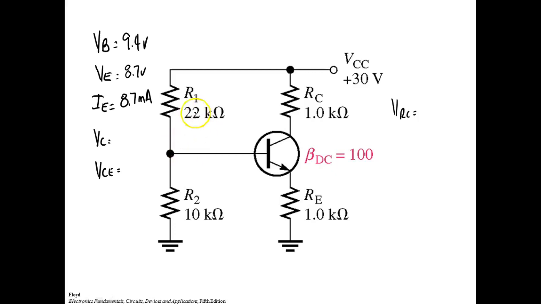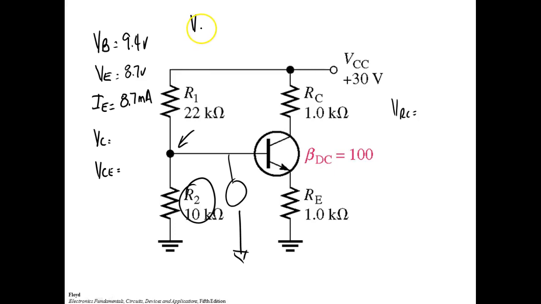VB is set by these two resistors right here. So I'm going to use the voltage divider formula. It's set across R2. So when we calculate VB, all these measurements are made relative to common. So when I look at that meter, it's across R2. So if I can calculate R2, then I've calculated VB.